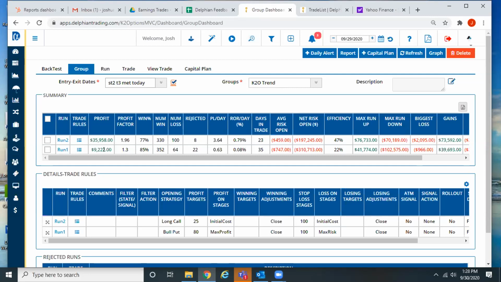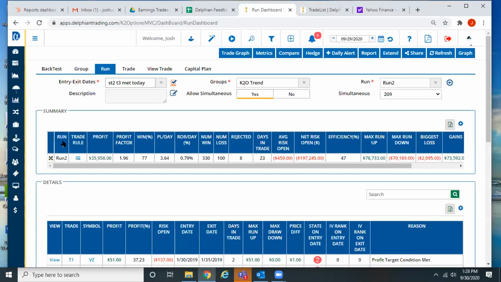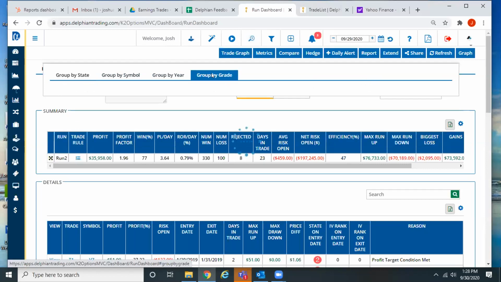So you'll be able to create independent lists for each one of those. When we go in here, we'll just take the long calls. There's this little expand button here, and in there it gives you breakdowns by these different topics, grade.